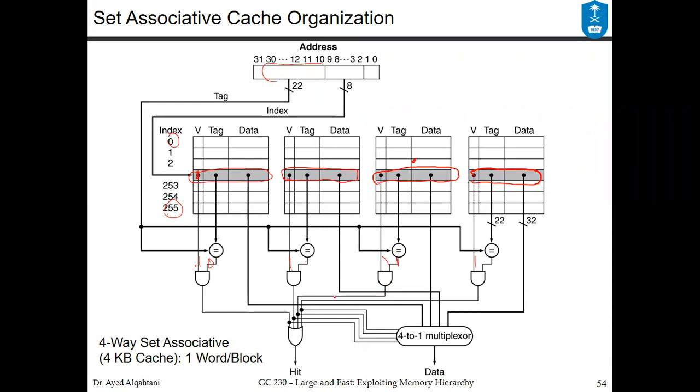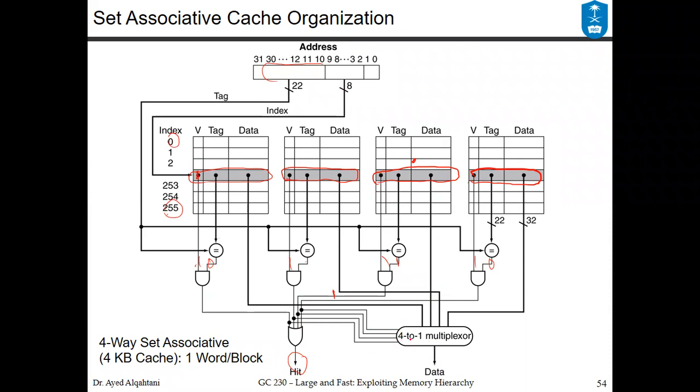1 ANDed with 1 will give you 1 in this line. And here it's 0. So you notice that the outputs of the AND gates are 0, 0, 1, 0. And you are ORing these lines. So whenever one of them is a hit, then you have a hit. Now, you know that you get the hit from this one, so you need to supply the data outside. And to do this, you need a 4-to-1 multiplexer. The selector lines for this 4-to-1 multiplexer use one-hot encoding.